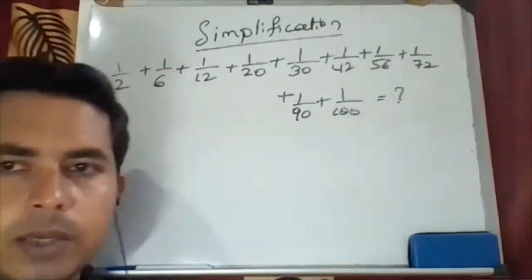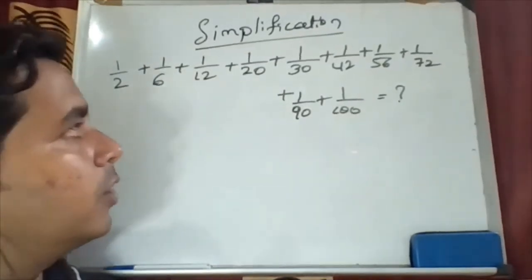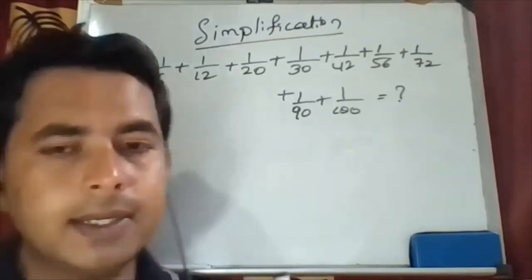Okay. So they have given us some set of numbers, that is 1 by 2, 1 by 6, 1 by 12, 1 by 20, 30, 42, 56, 72, 90 and 100.